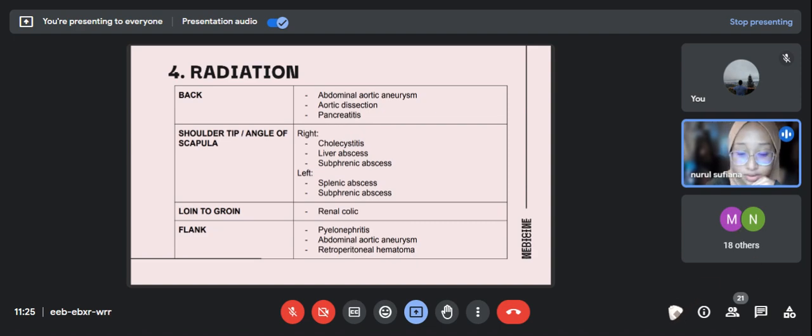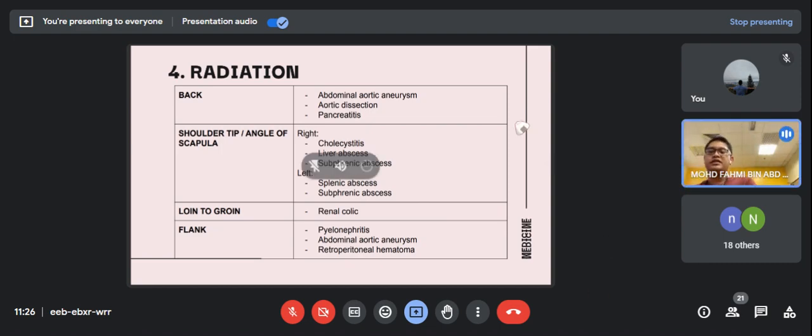Renal colic. How does it differ? How is biliary colic, and how is renal colic? You have to tell your friend because it's very important. If you can answer this, it means that you understand. You have been clerking a lot of patients.